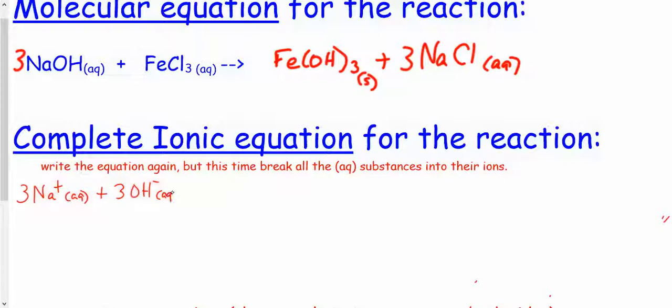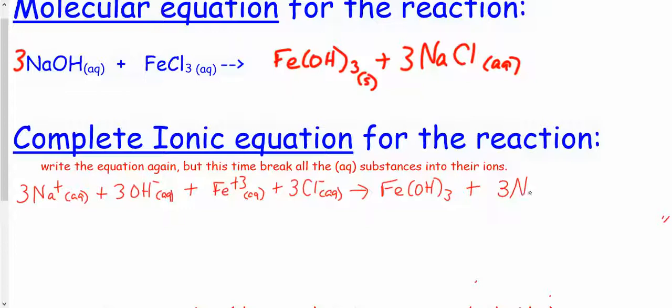We have just 1 Fe3+, that's aq. We have 3 chloride ions, and that's aq. On the other side, we'll leave our solid intact. We have 3 Na+ (aq) and 3 chlorides (aq).